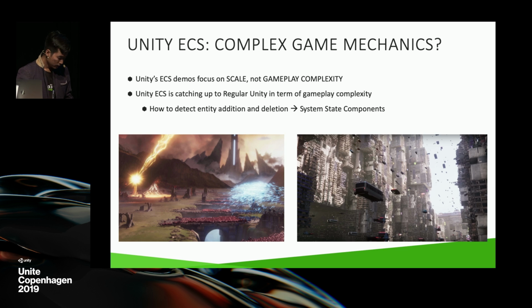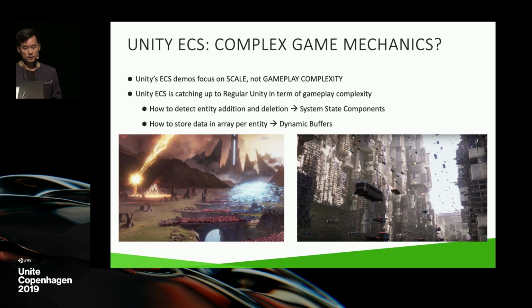For example, when they released system state components, it allowed us developers to detect entity addition and deletion, which is something very obvious to do in regular Unity. And around late last year, early this year, they released dynamic buffers, which basically allow you to store data in array form per entity, which is also something we take for granted in regular Unity.